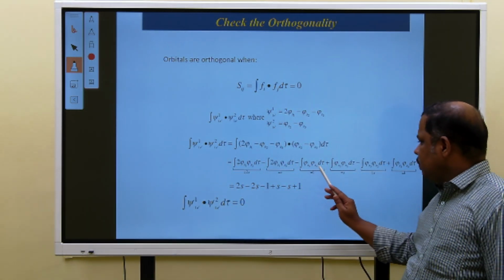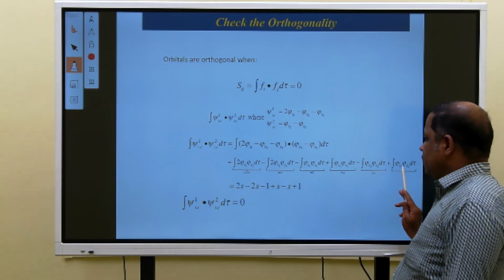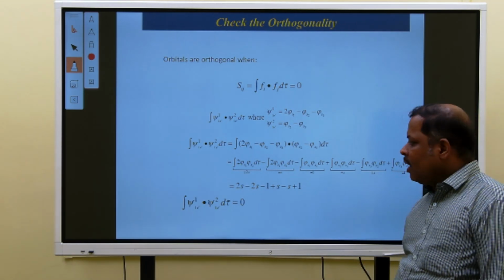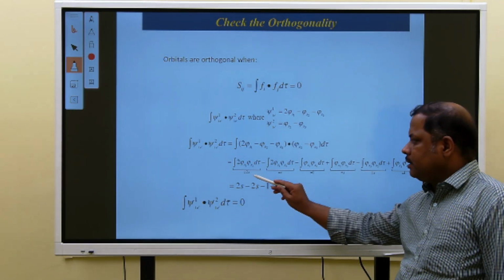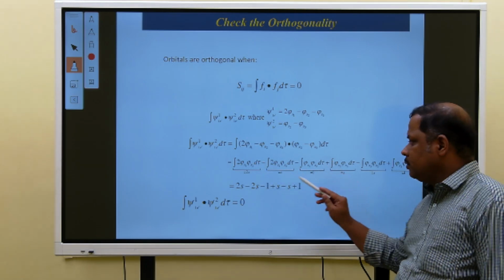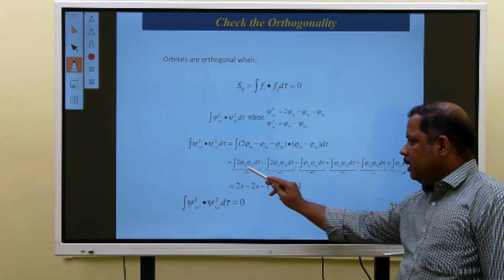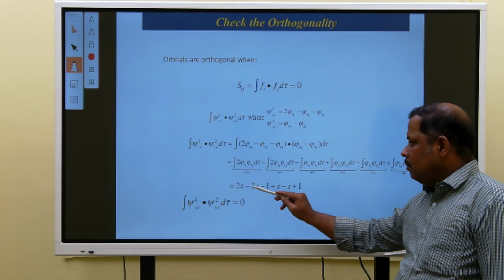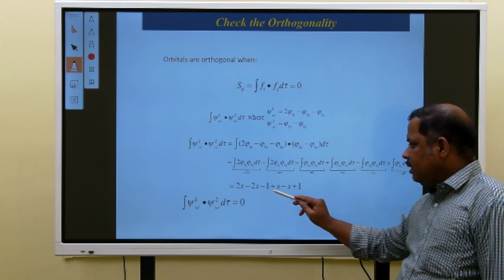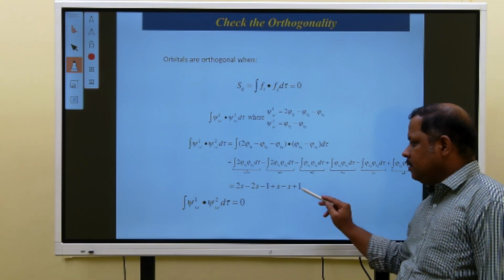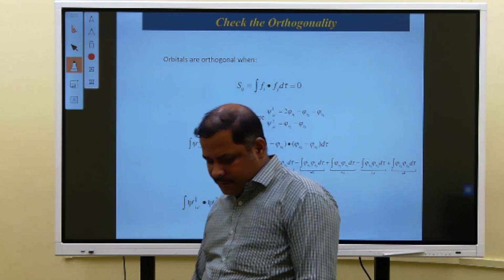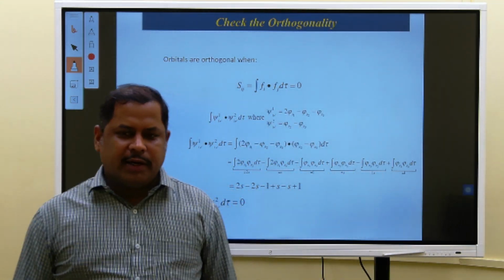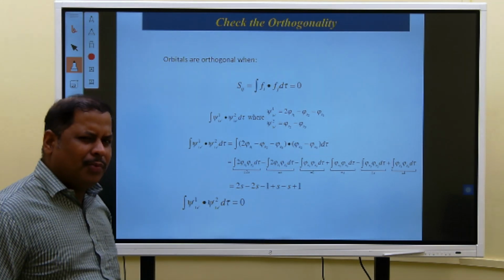So S2 S2 will be 1 and S3 S3 will be 1. The remaining terms are S1 S2, S1 S2. So the equation turns out to be 2S minus 2S minus 1 plus S minus S, and if you solve it, it is 0. So we can conclude that the second equation, which we found from the probability, is also right.